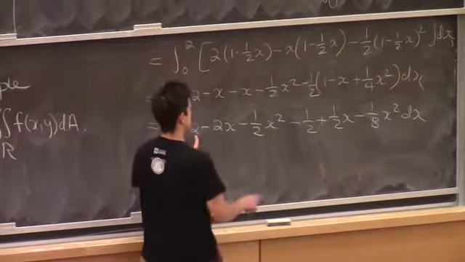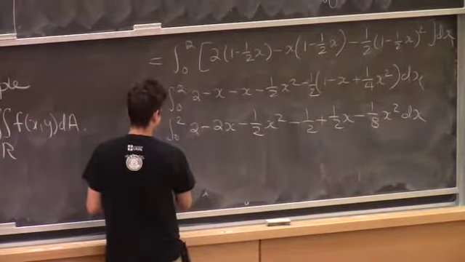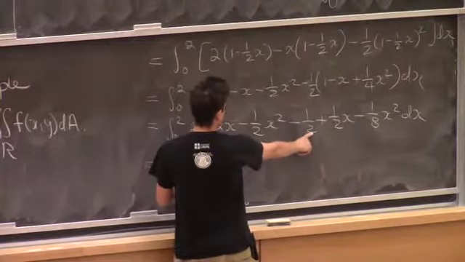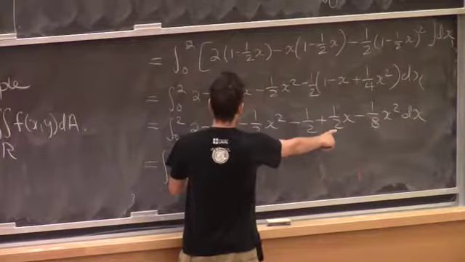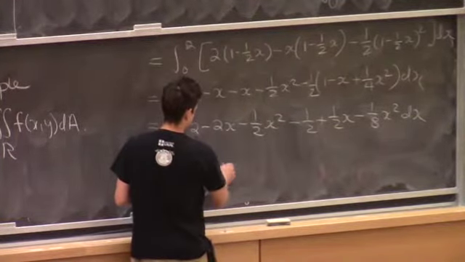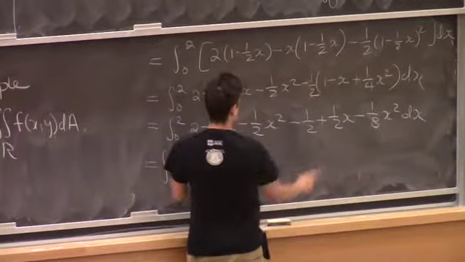Okay, so we've got these guys as our constants. Three halves there. Minus 3 halves x.